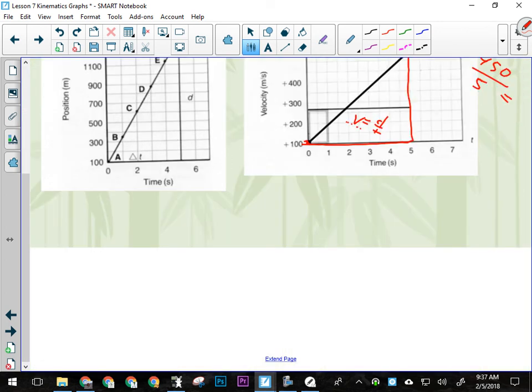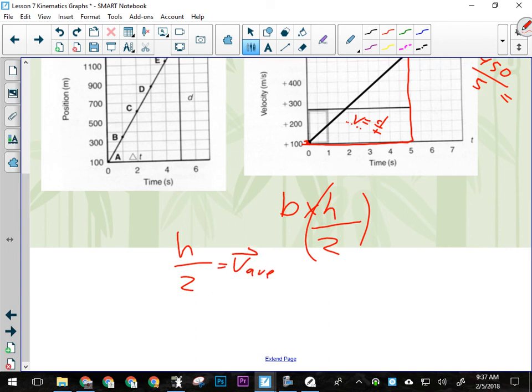If I calculate the area of a triangle and go base times height over 2, this height over 2 is calculating my average velocity and then multiplying it by time. Because what's on the base of this graph? The base of this graph is time. All I'm doing is going d equals average velocity times time. Just v equals d over t. Ringing a bell. That might be new. Not everybody teaches it that way.